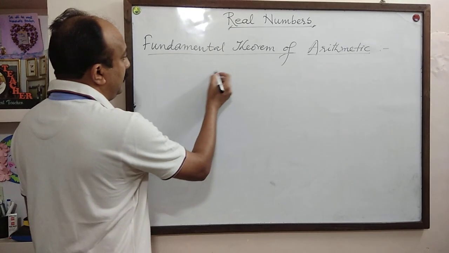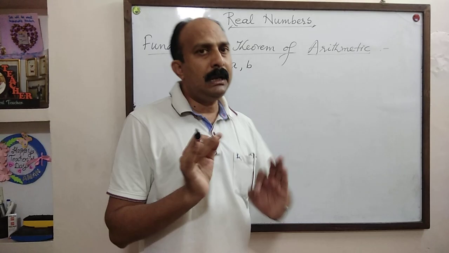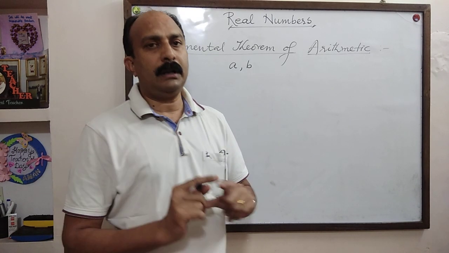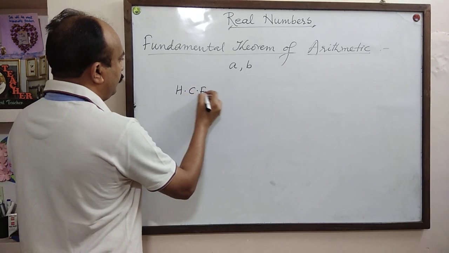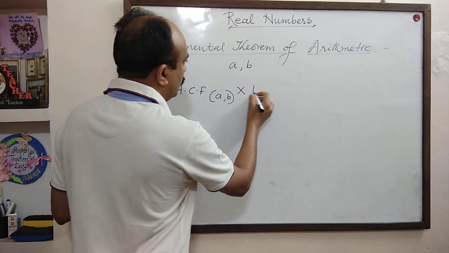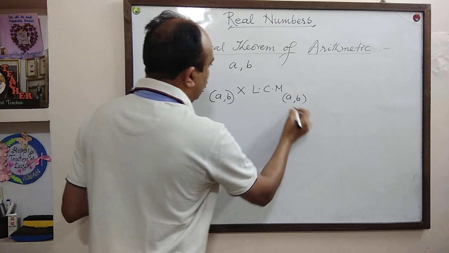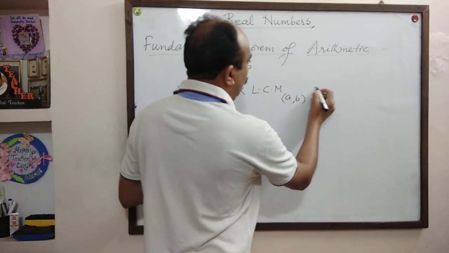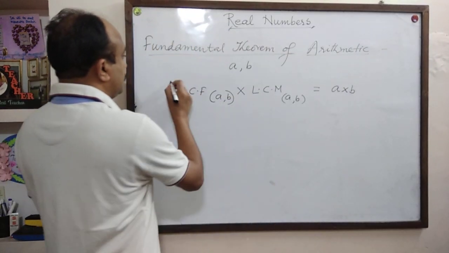If small a and small b are any two positive integers, then there is a very important relation. The relation is that HCF of a and b into LCM of a and b, that is, the product of their HCF and LCM, will be equal to the product of the two numbers.